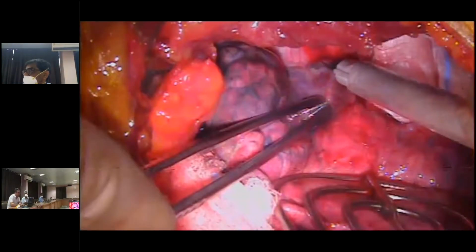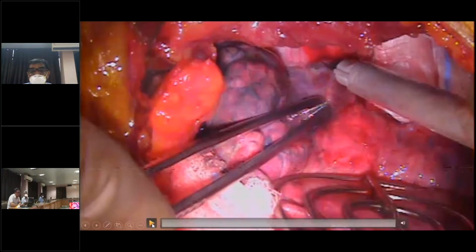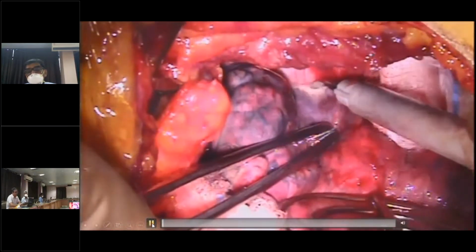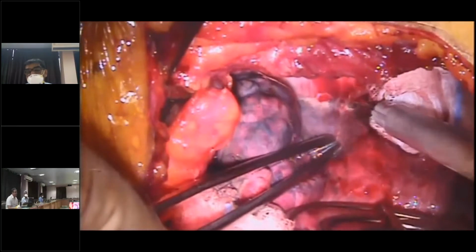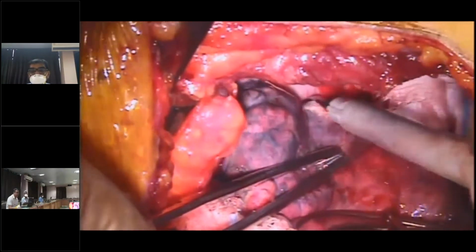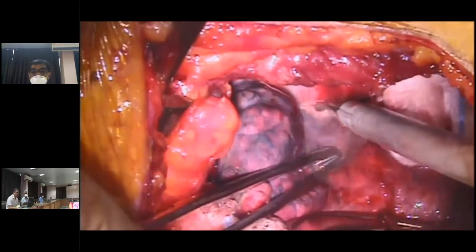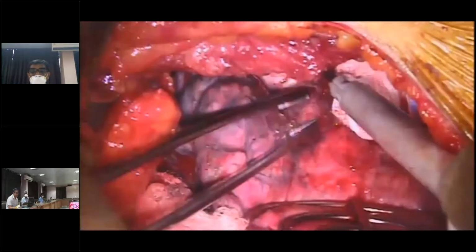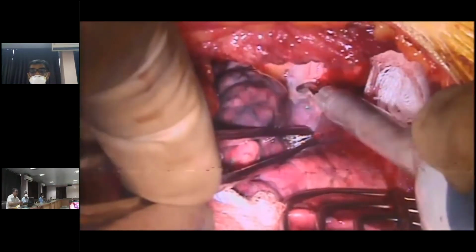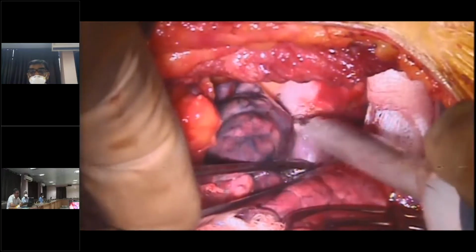So this is a short video of what we tried to do. This is a harmonic scalpel, ultrasonic energy. We started dissecting because we were dissecting over vessels, and we were also concerned that while dissecting the lung, which I have never done before, over the pulmonary arteries, we may injure the pulmonary artery.